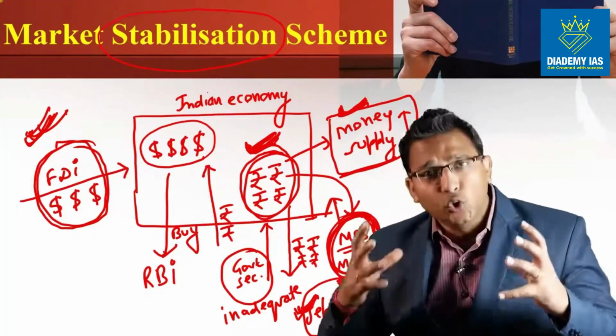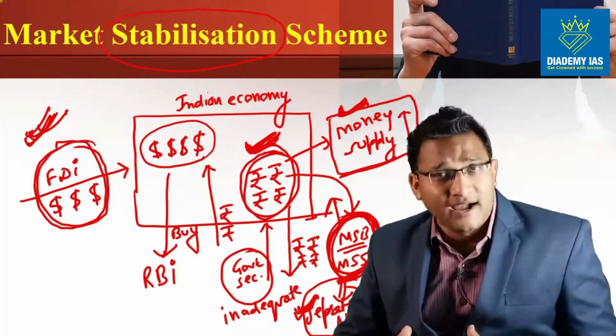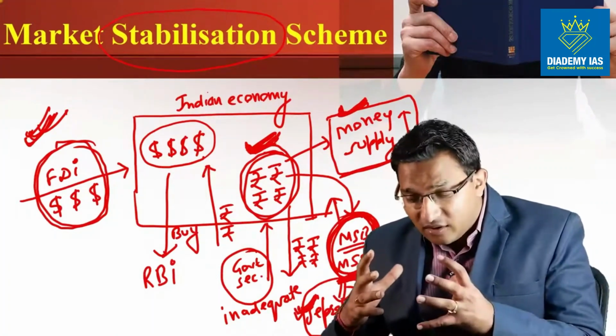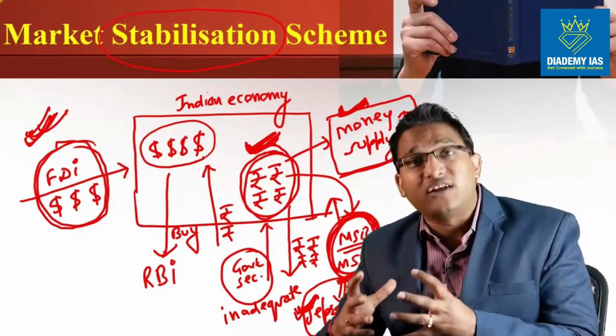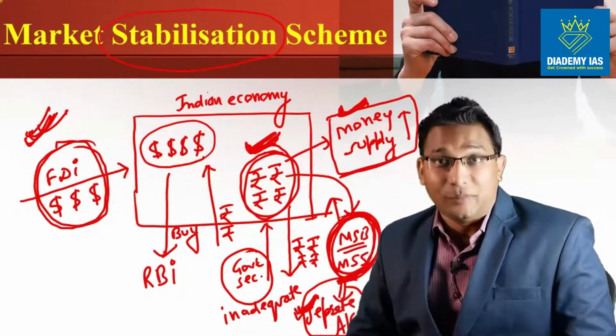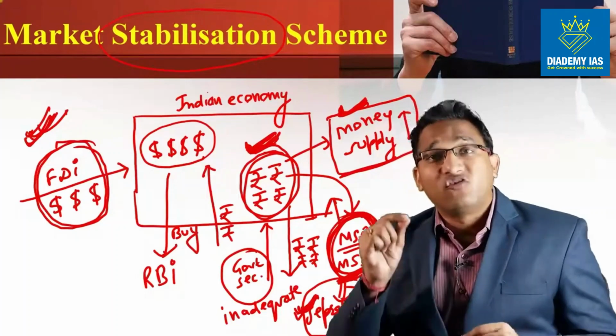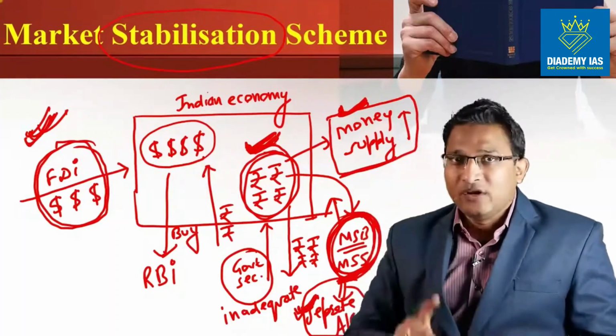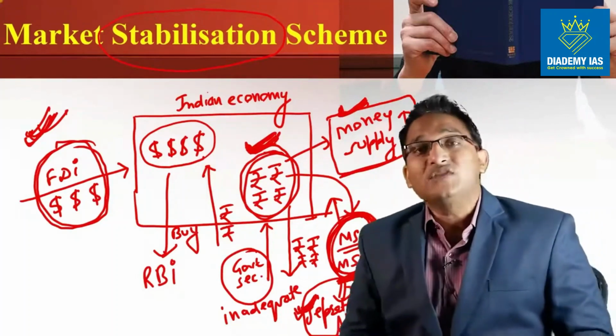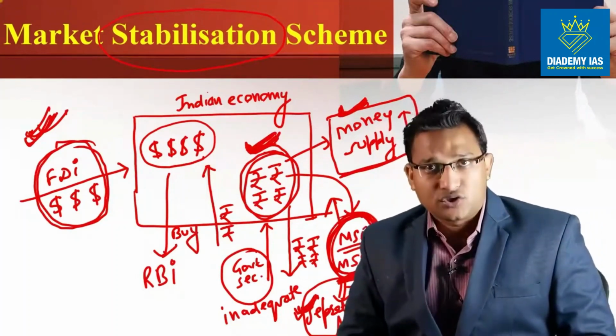Because of this huge flow of FDI into India, undesired fluctuation happened in the value of the Indian rupee. And to manage that, this market stabilization scheme was introduced for the first time.